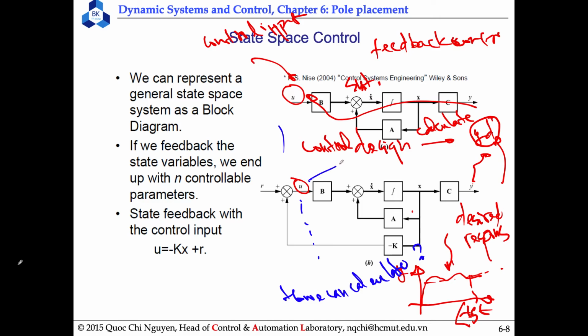So in classical control, we can calculate U. We use the what? We use the dominant pole. But the point in using the dominant pole is that we already have the weakness, right? So here we don't want to do that anymore.